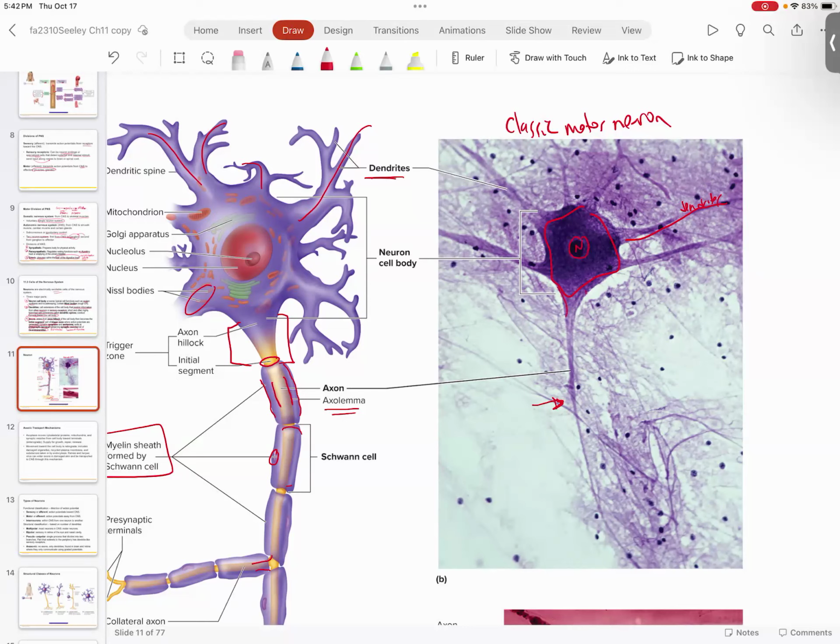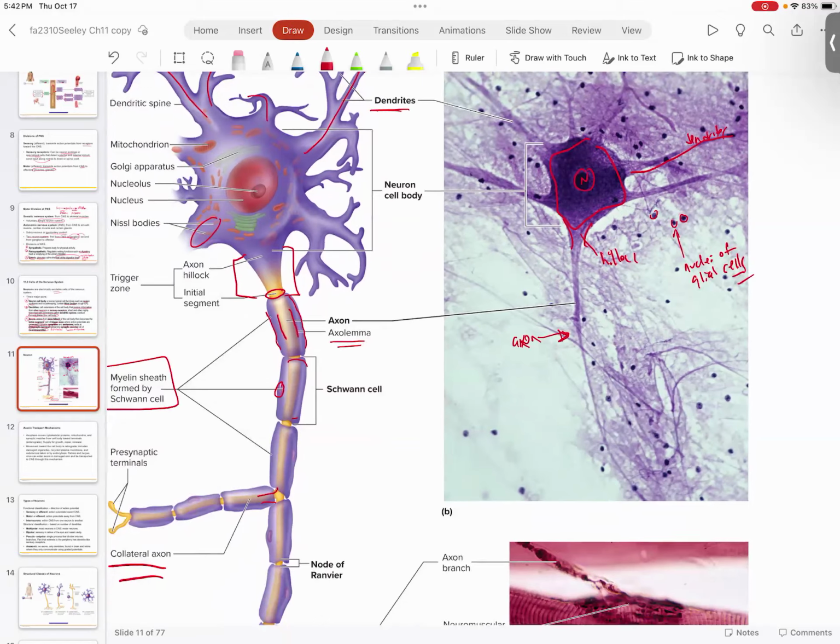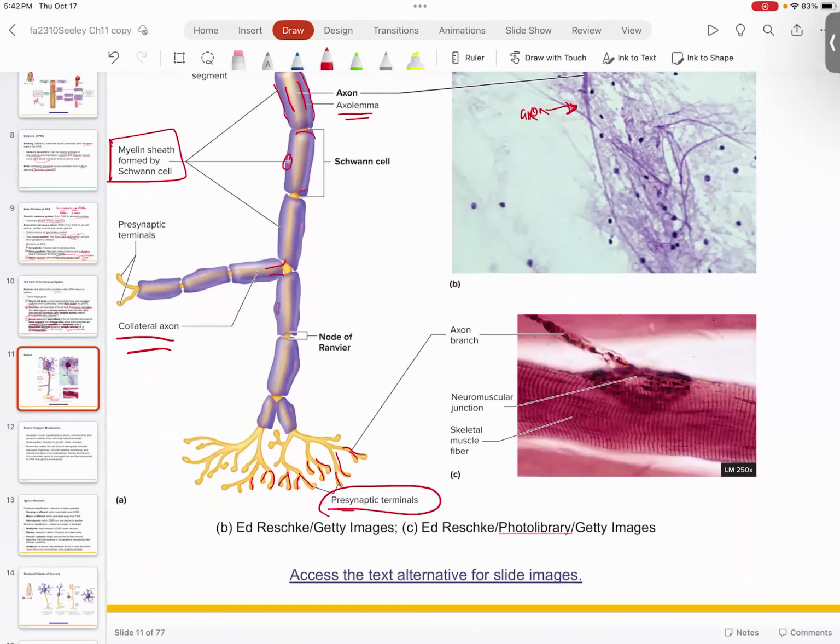And then here's your axon hillock. And then your axon. Now, these little purple circles here are the nuclei of glial cells, which are the support cells for the neurons. So that's what your neural tissue looks like, and those are the functional pieces of your neuron.